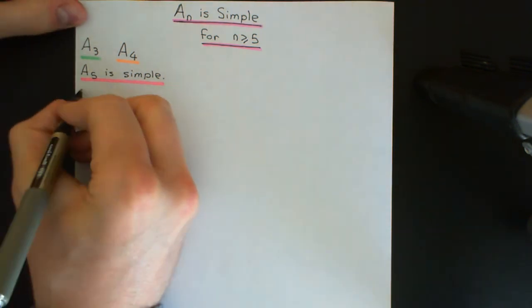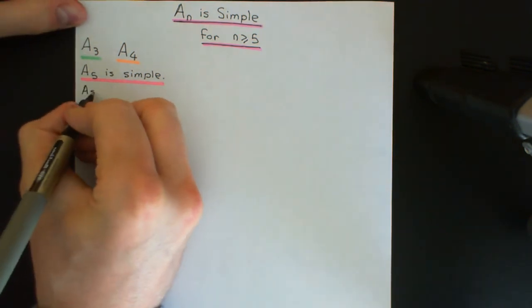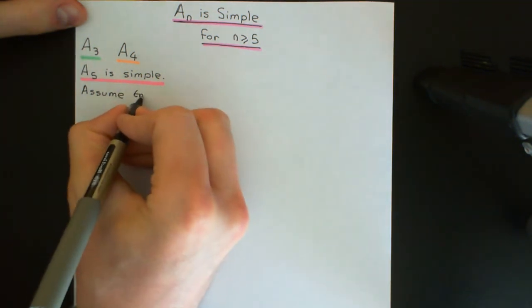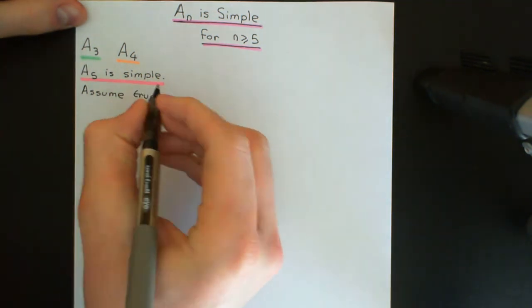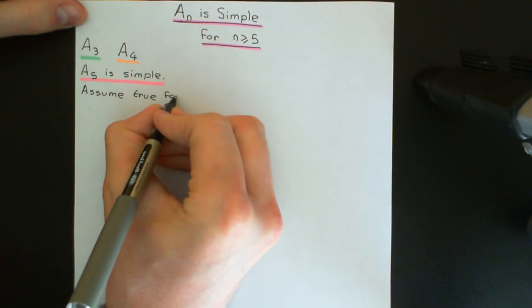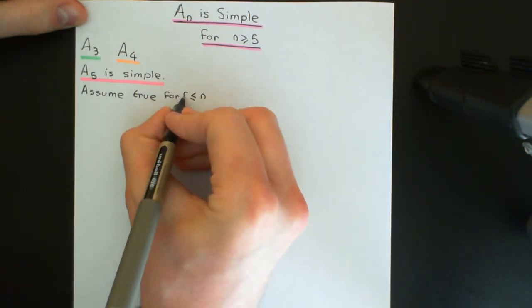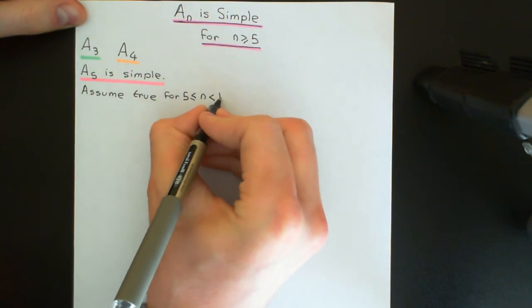I like to write it out in full when I'm doing a proof by induction. Assume that it's true, and by true I mean that it's simple, for n greater than or equal to 5, but less than some k.